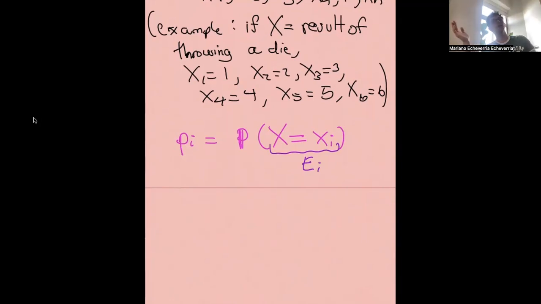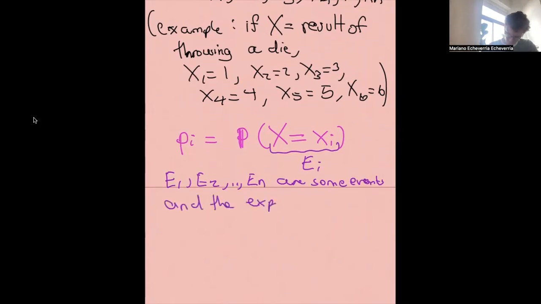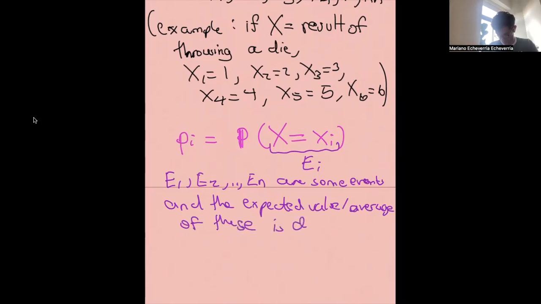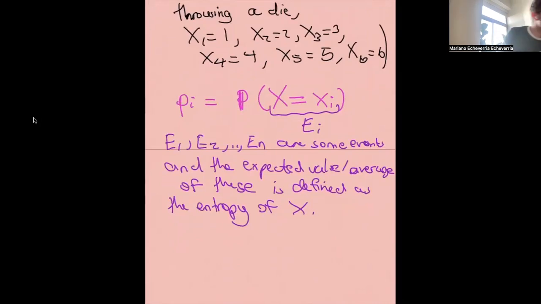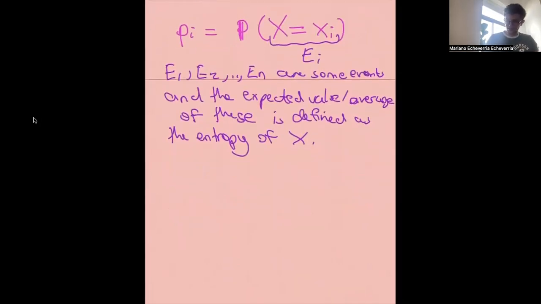is defined as the entropy. So E1, E2, up to En are some events, and the expected value, or I prefer the word average, of these is defined as the entropy of X. What I'm trying to say is that you can start from this definition that I'm about to give you.